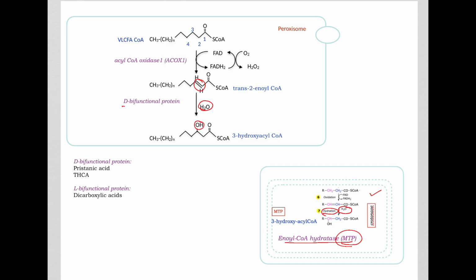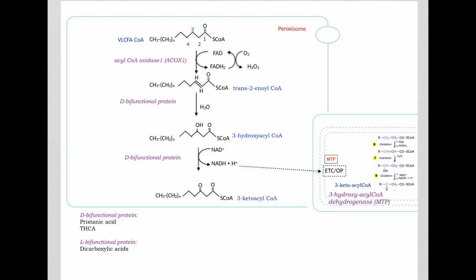But this is carried out by the enzyme D-bifunctional protein for very long chain fatty acids, as well as for pristanic acid and THCA. However, for dicarboxylic acids, the enzyme that is used for this step is L-bifunctional protein.